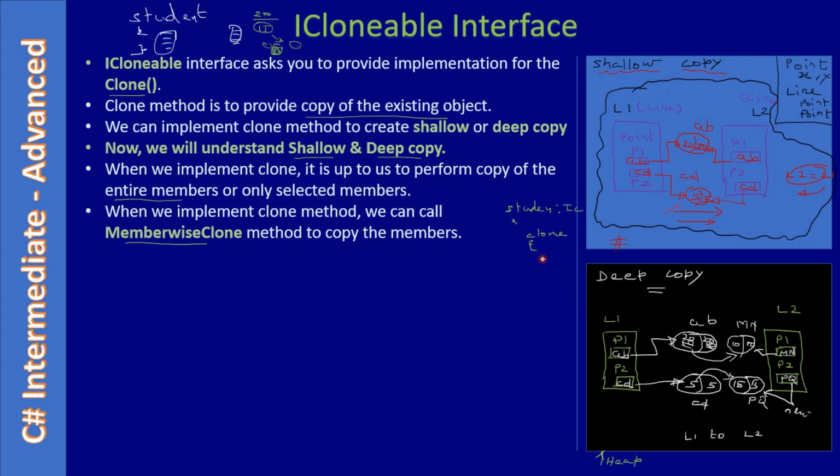Inside the clone method you can make a call to this.MemberwiseClone, and MemberwiseClone will give you a copy. By default it performs a shallow copy and you can return that. So that's what MemberwiseClone will do.